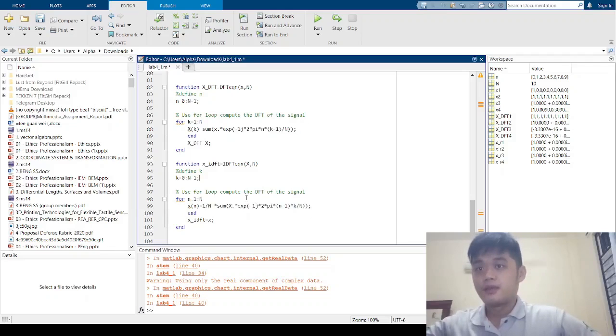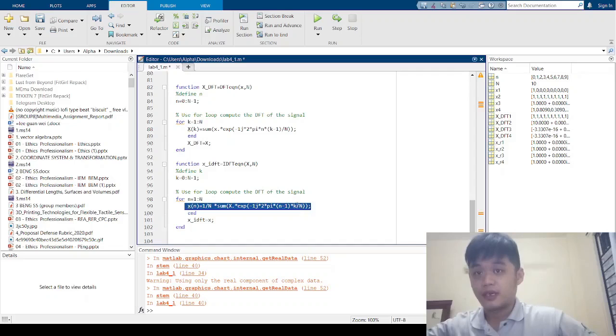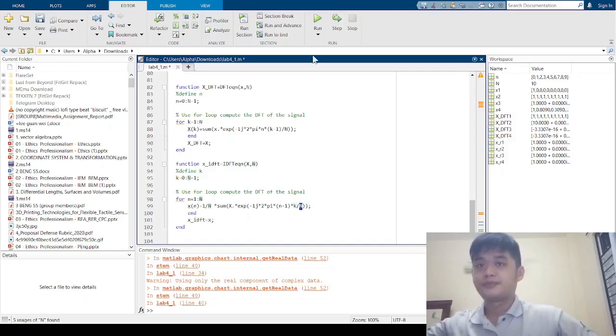This function is actually for the inverse discrete Fourier transform, which is for this. x n is equivalent to 1 over N multiplied with the summation, the big sigma, multiplied with the exponential of negative 2 pi j multiplied with n minus 1, and lastly with the k as well, and then you divide it by the big N.